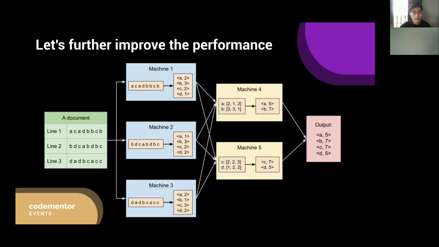Okay, let's further improve the performance. Now we have located the bottleneck, which is the merge stage. How about we parallelize the merge stage too? It is not necessary to only use one machine to do the merge. We can use multiple machines too. We can dispatch the intermediate results by hashing the key. The same key will go to the same machine.